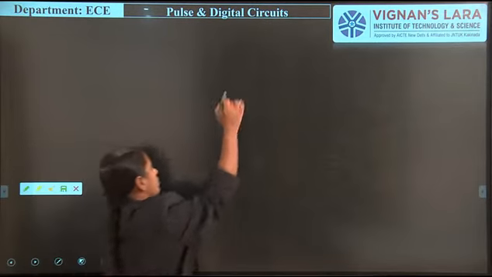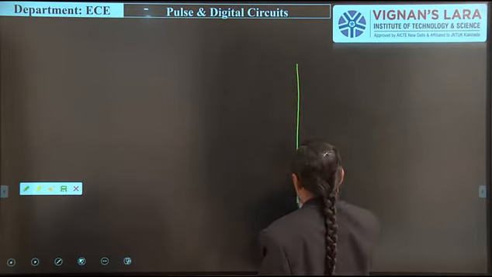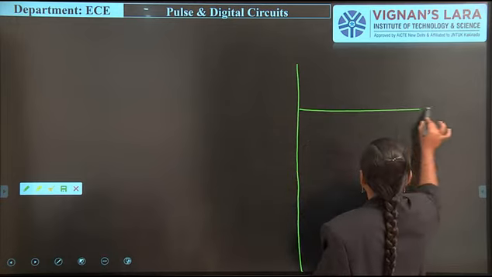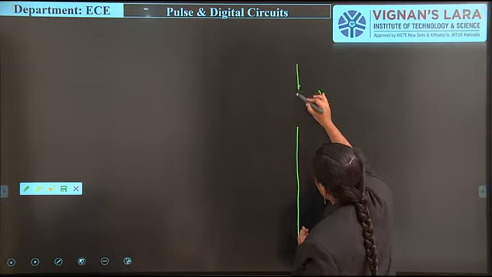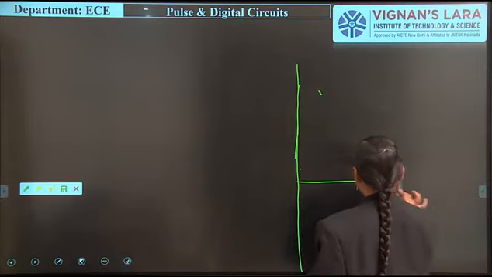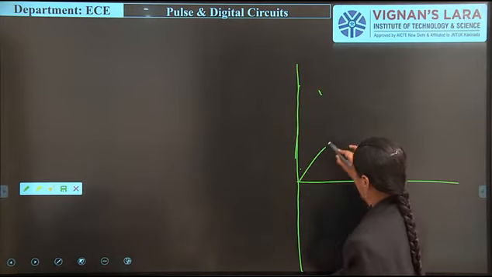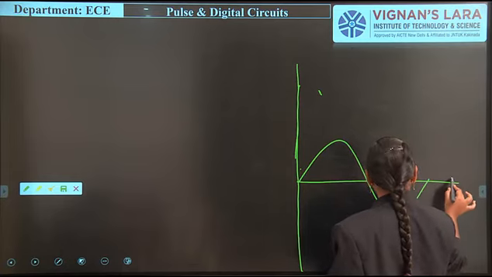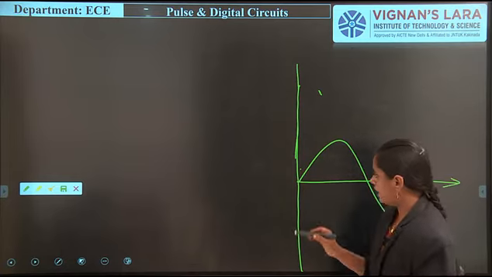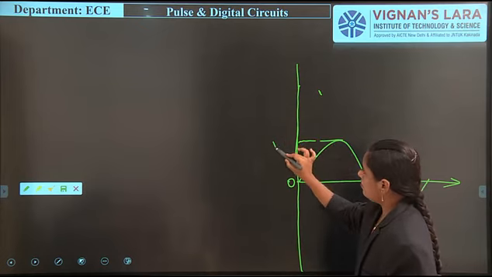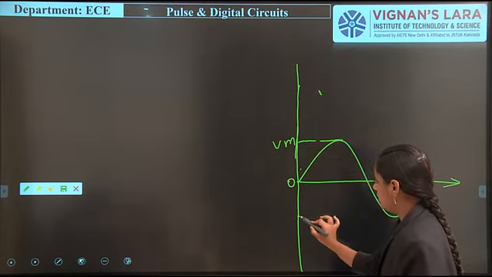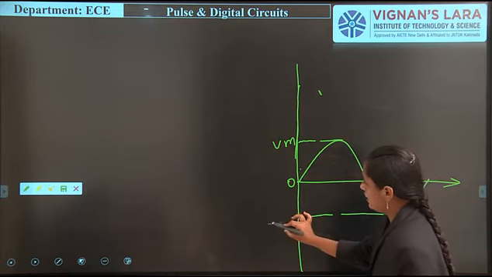First I have to draw the input waveform. So here I draw the input waveform, having the signal levels 0, Vm, and minus Vm.